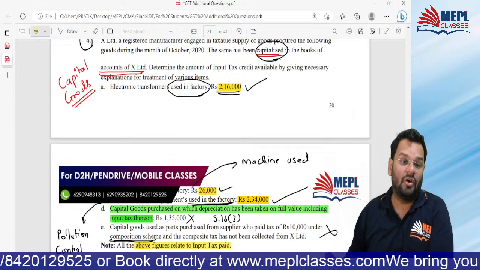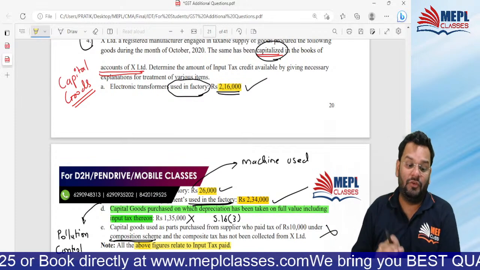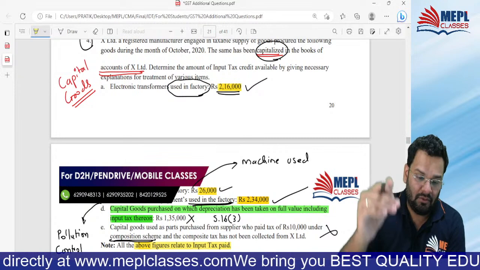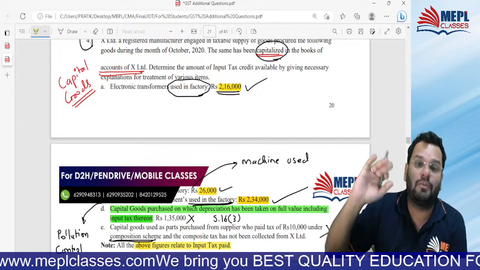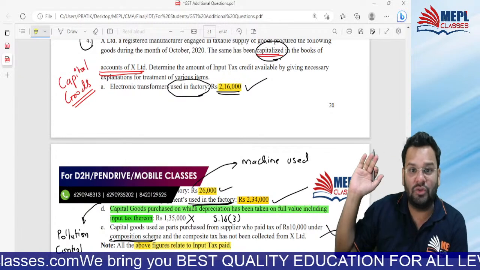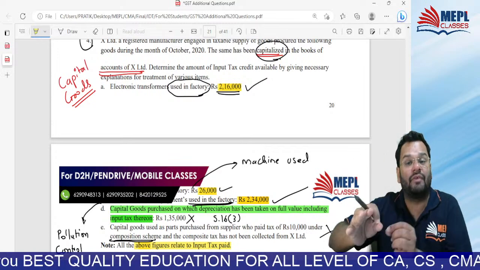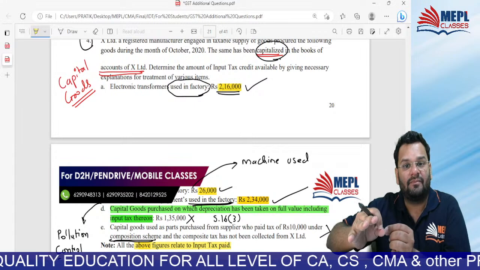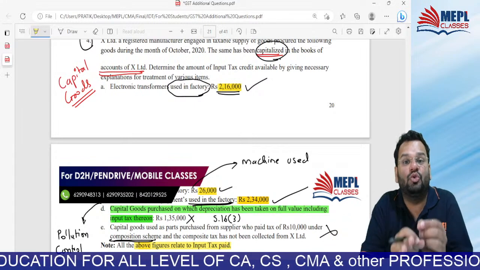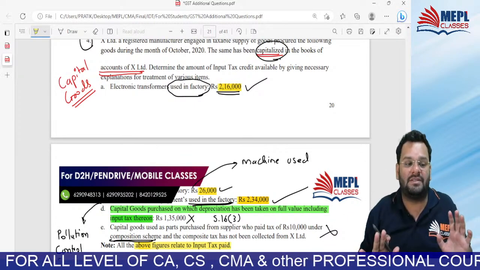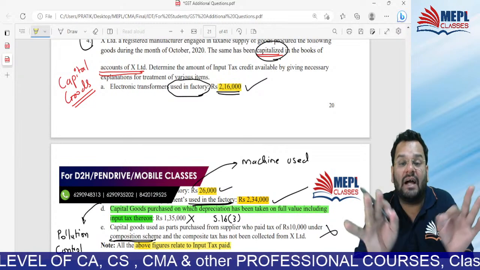And of course, when we present it, we will write common note for A, B, and C point, that those are the goods value of which is capitalized in the books of accounts. And those are used in course or furtherance of business. Hence, its ITC is admissible.